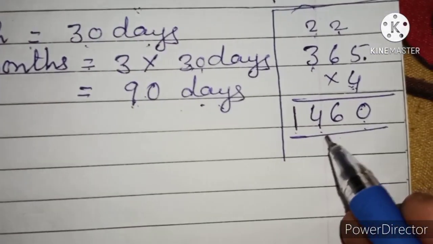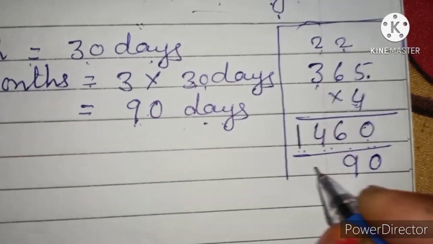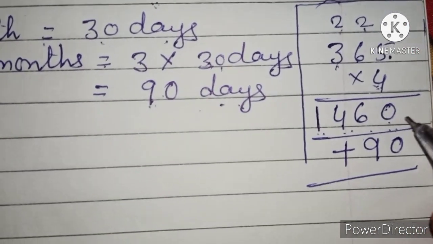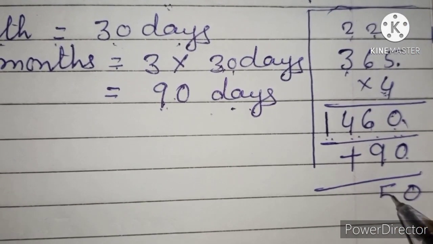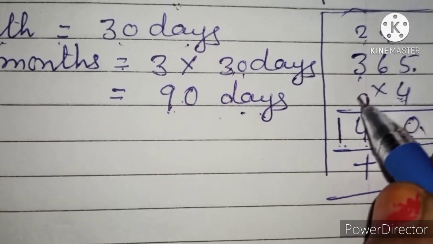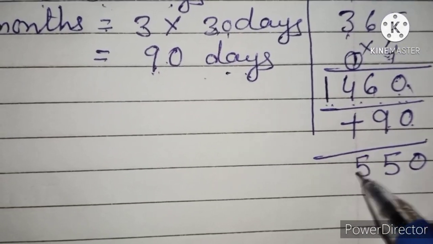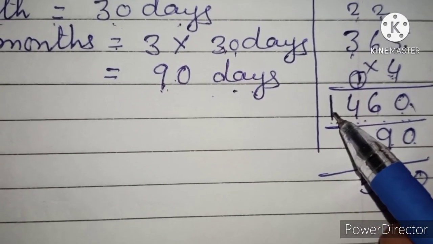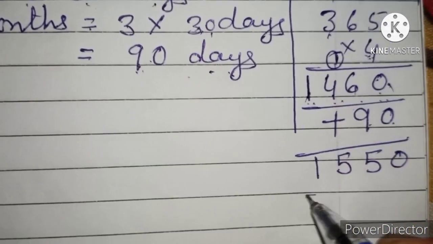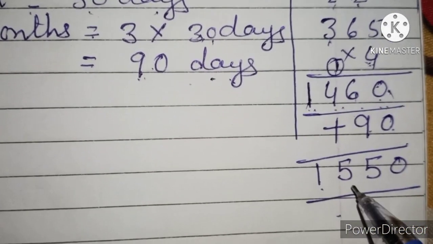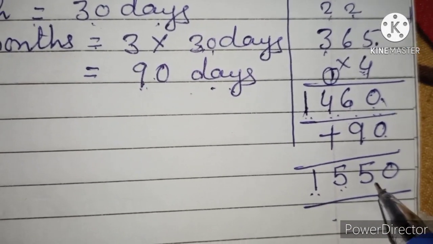So here written 1460 plus 90. 0 plus 0 is 0. 6 plus 9 is 15. 1 carry. 1 plus 4 is 5. Here 1 written. So write down 1. So the answer will be 1550 days.